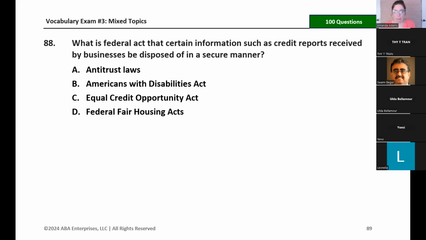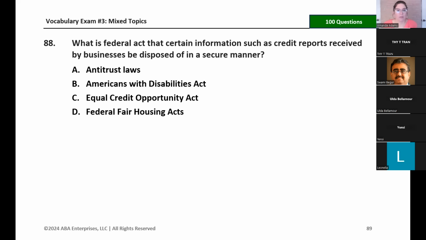88. What federal act requires that certain information, such as credit reports received by businesses, be disposed of in a secure manner?